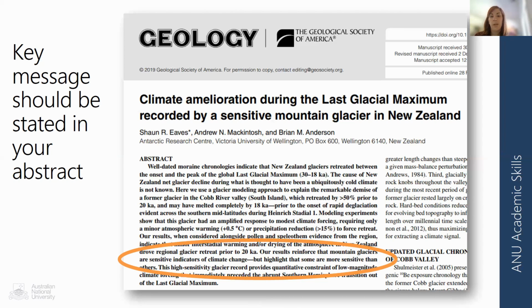And then I expect the paper to be about those findings, but also how they know that some glaciers are more sensitive than others, what that means, how we might determine which ones are more sensitive, and what those factors are. So try to find the key messages of the journals you'd be considering, and think about that scope. How might you match that scope in terms of your own key message that you can compose?